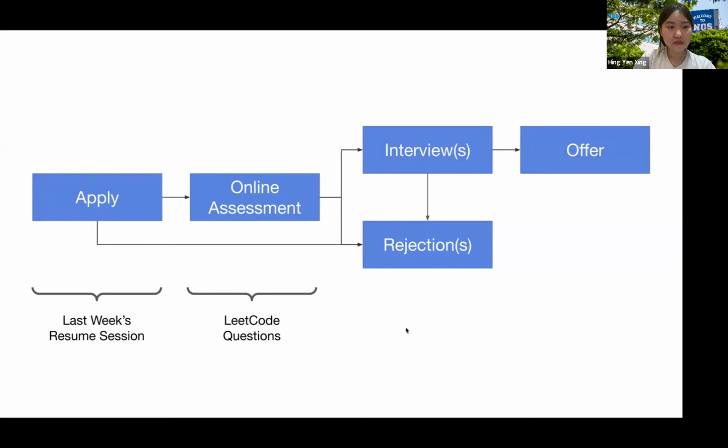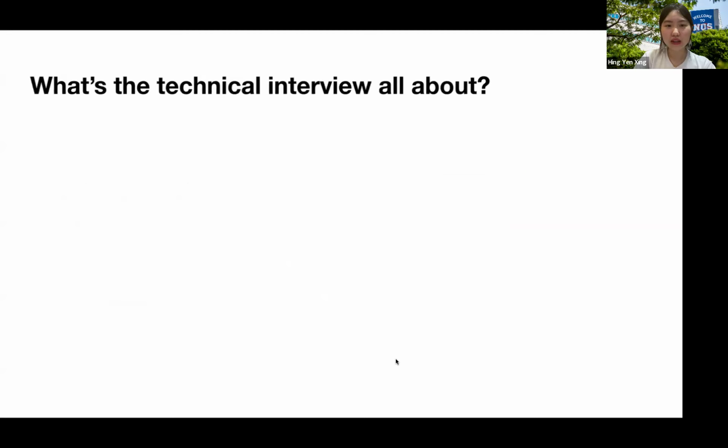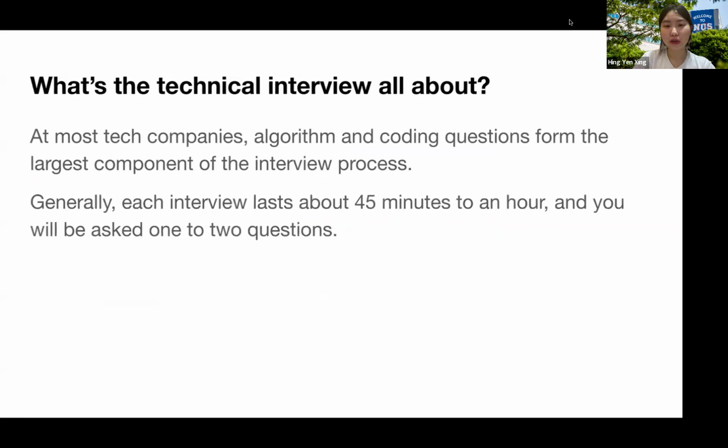Before we understand how a technical interview goes, we should know what technical interviews actually are. At most tech companies, technical interviews check your understanding of algorithms and ask you to answer some coding questions, and it forms the largest component of the whole interview process.